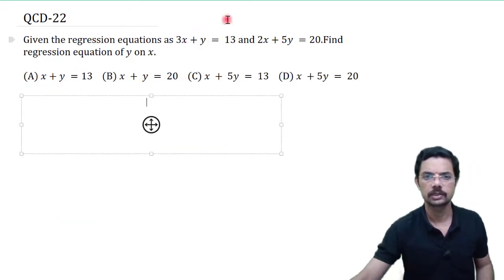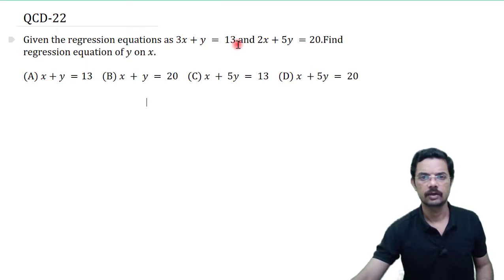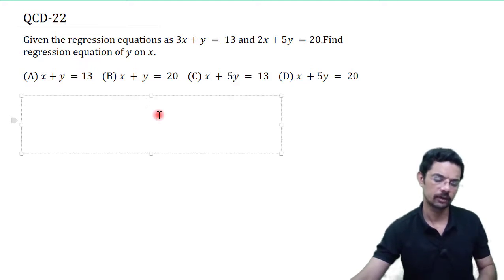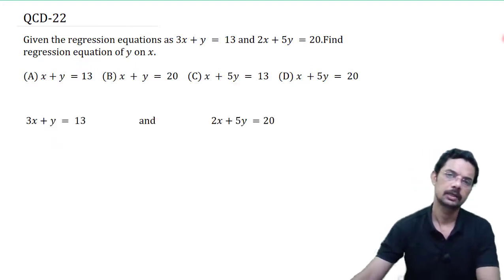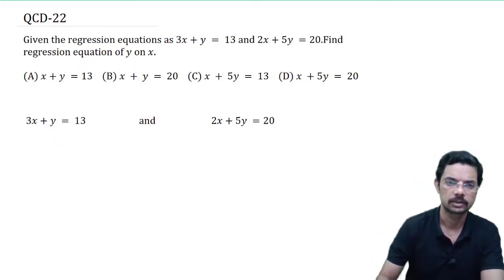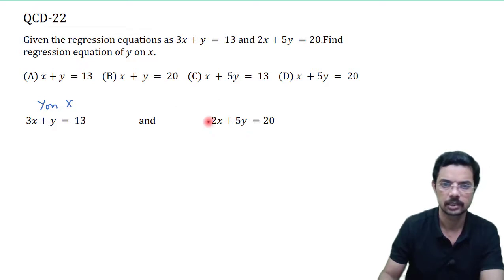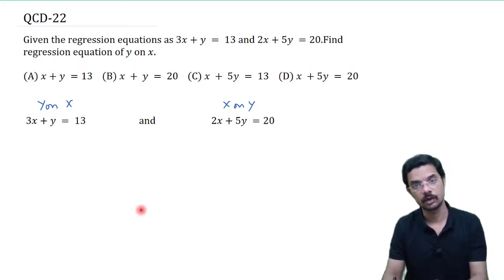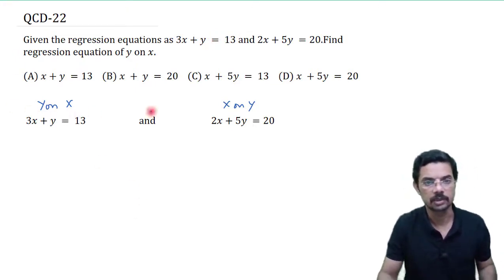Given the regression equations, we are given two regression equations. Find the regression equation of y on x. So, let us consider the first one as the regression equation of y on x and the second one as x on y. We shall assume that, and if we get r square less than 1, then our assumption will be correct.